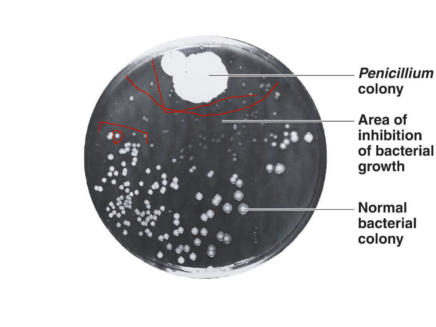He was thinking that this contaminant, whatever it was, had somehow suppressed the growth of the staph because there was no growth in that area, which led him to further study the contaminant.